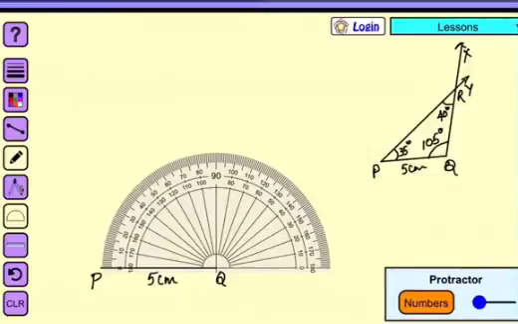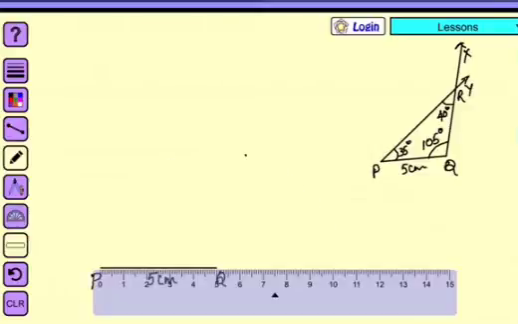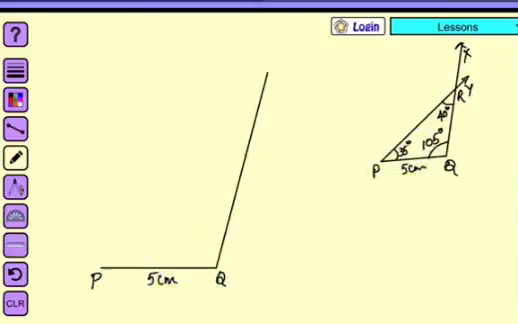Children, observe that I am going from left to right now. So the topmost row is to be considered, which goes from 0, and 105 degrees is an obtuse angle. So I will go beyond 90, 100 and 105. Now I'll have to join. Now this would be QX. And the angle formed is 105 degrees.